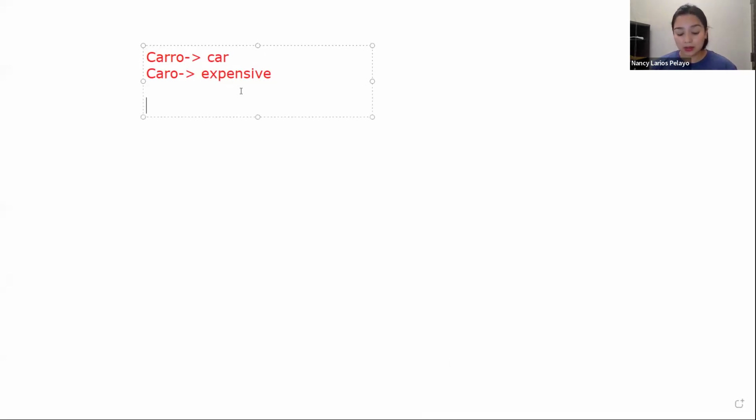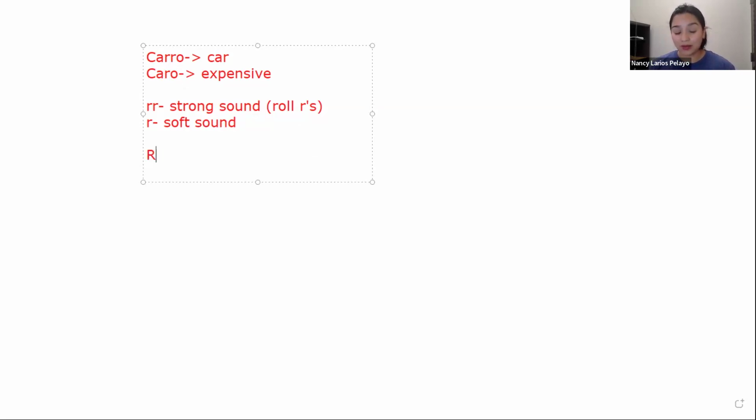So this one, the RR has a strong sound. Okay, this is when you roll your R's. When there's one R, it is a soft sound. But these are only when they are in the middle of a word, okay? You're never going to have a word that starts with double R. That's only in the middle of the word, like carro, okay?